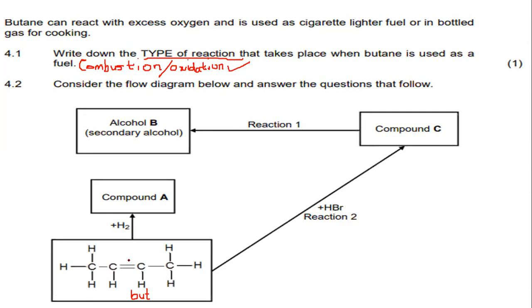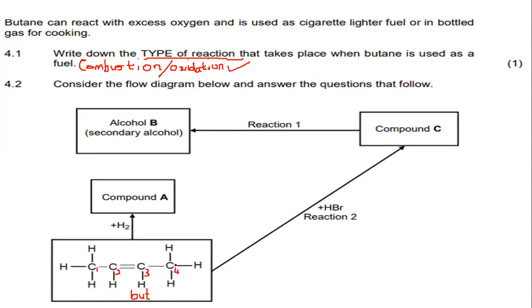Now, if it belongs to alkenes, then I know that the name of the molecule has to end with an -ene. Then I look at my carbons. Obviously now this is carbon 1, this is carbon 2, this is carbon 3, and this is carbon 4. So if I'm numbering from left to right, then the double bond is between carbon 2 and 3. So the lowest numbered carbon is then 2.